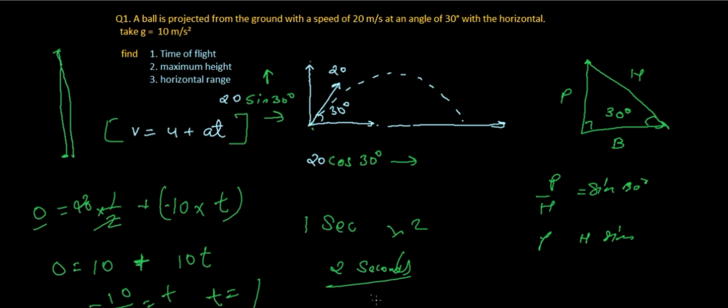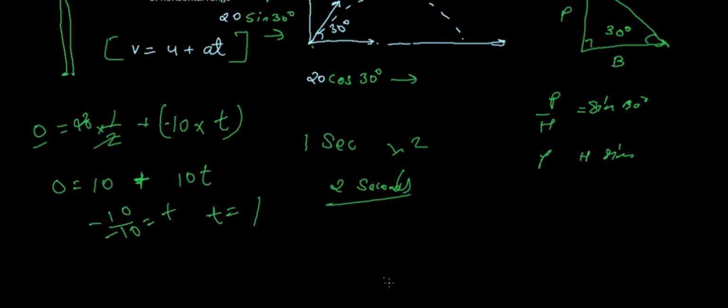Now the next question is maximum height. How will we find maximum height? For maximum height, we have to use another formula, v square minus u square equal to 2as. If you want, you can also use h equal to ut plus half of at square.